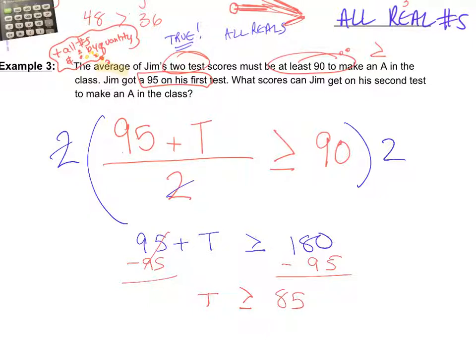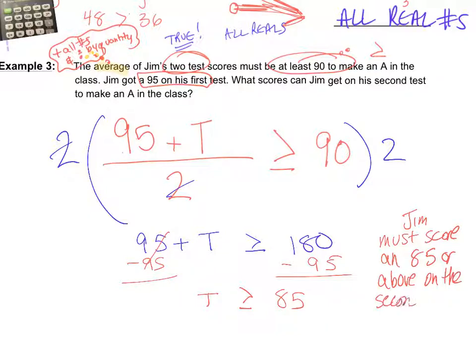So we know that Jim must score an 85 or above on the second test to get an A in the class.